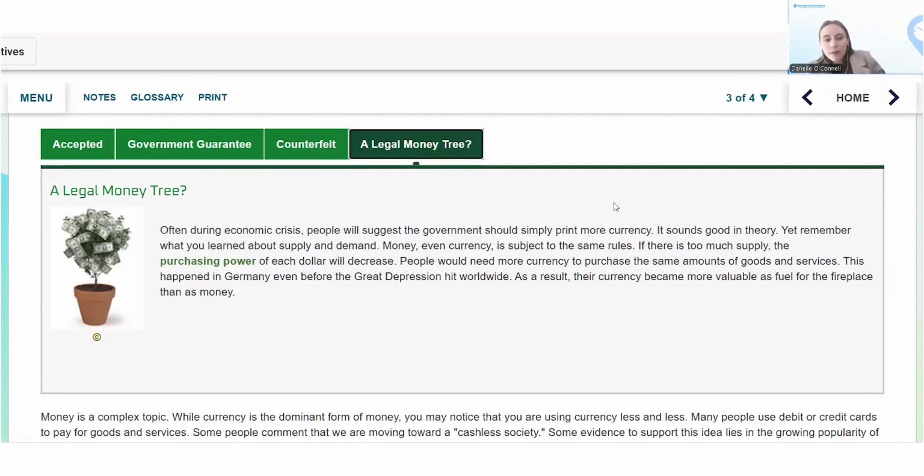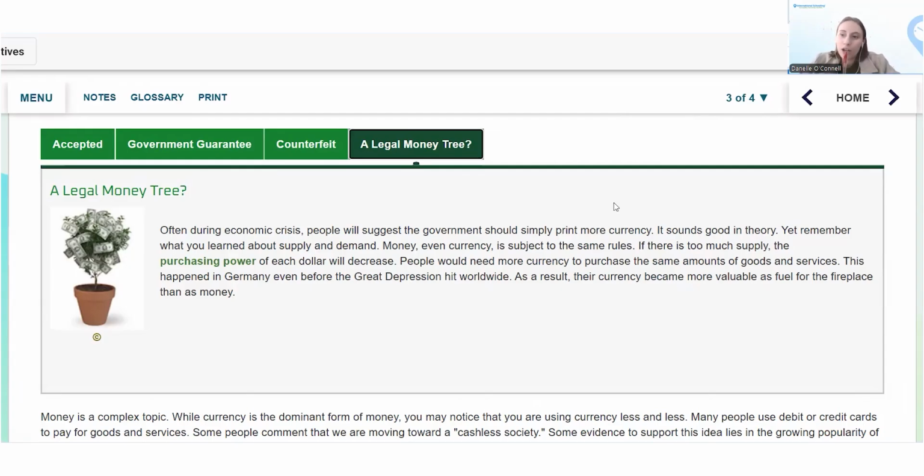Money, even currency, is subject to the same rules of supply and demand. So if there's too much supply, the purchasing power of the dollar will decrease. I'm not saying a dollar is no longer going to be a dollar. It still is. But if I bought this pen four months ago, it was $1. Now the government printed more money, there's more money in circulation, fantastic. Now I go to the same store to buy the same pen and I expect to pay $1 for it.